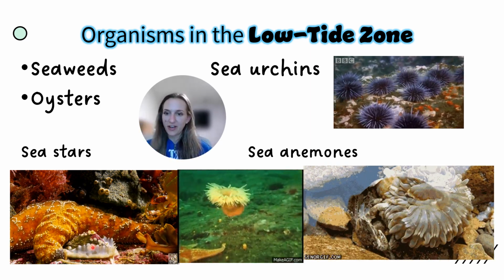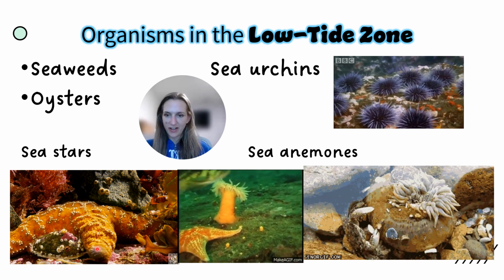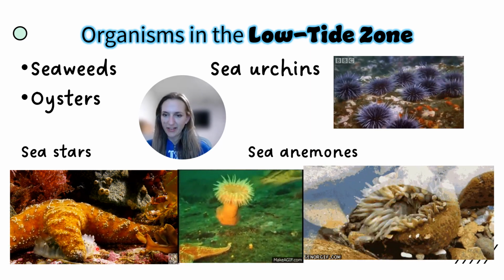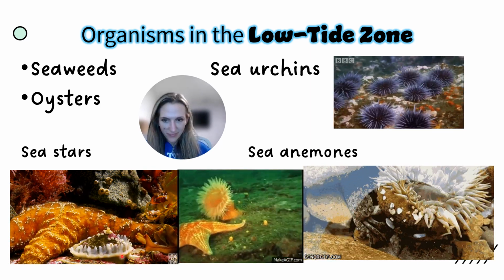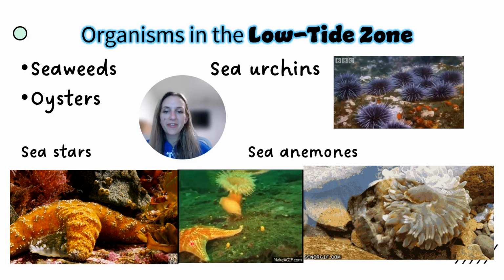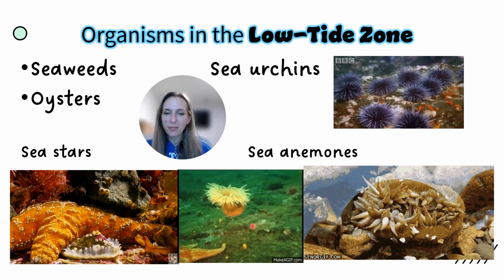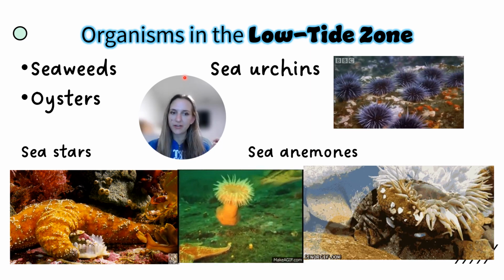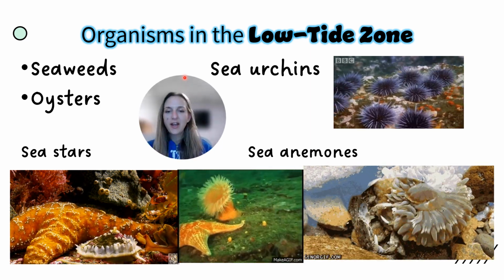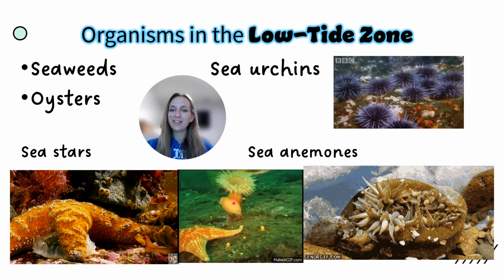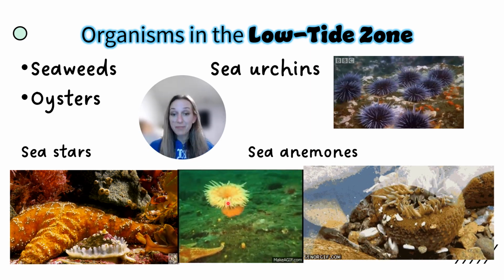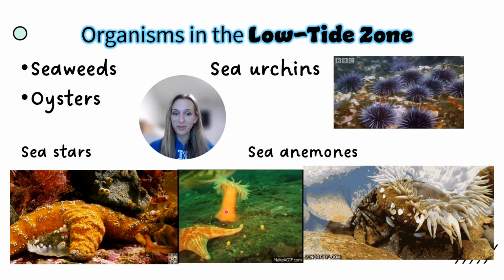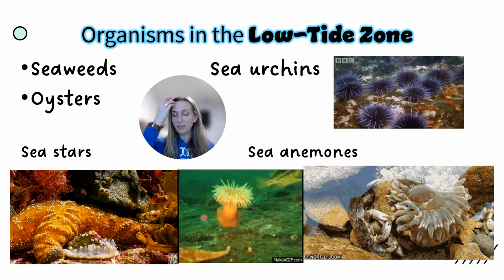Bottom left, the sea star is crawling over a limpet. Cute little thing. This is actually a super common GIF. Every time that I look for one, if I Google search sea star or anemone, the anemone saving itself and escaping predation is a very popular GIF, I guess, in the marine biology world.